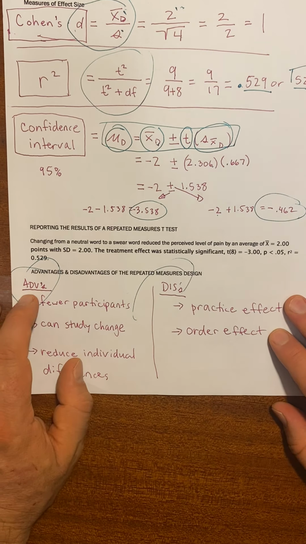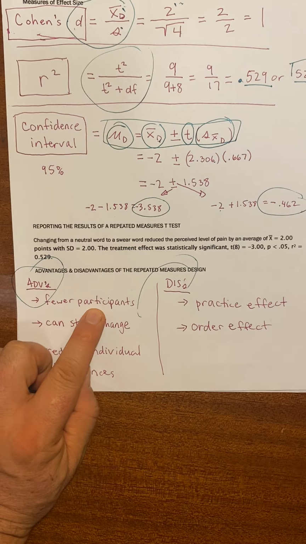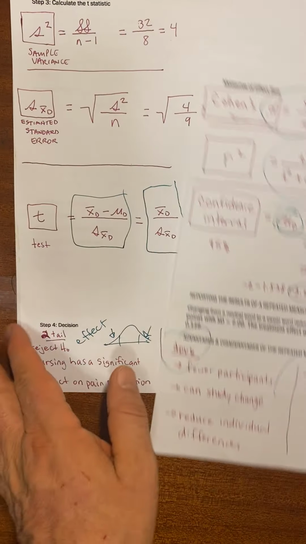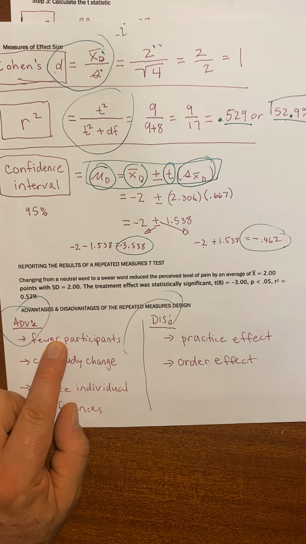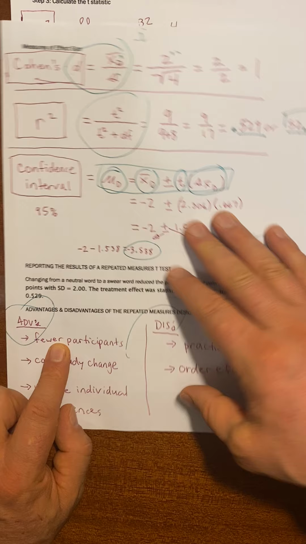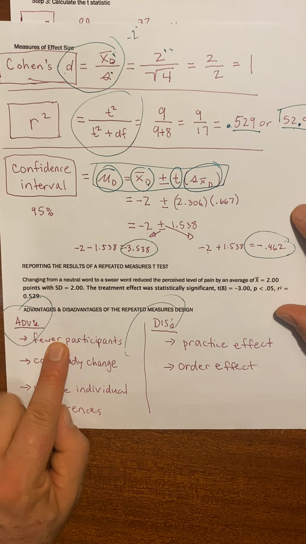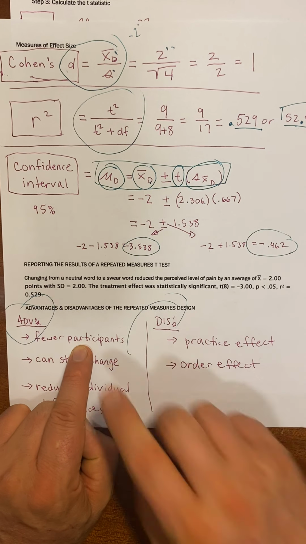First, the advantages: one, in this type of study, you can use fewer participants. Think back to that within subject design. In the within subject design, you're just collecting one sample of participants instead of 2 samples. Because you're only collecting one sample, you can collect fewer participants.